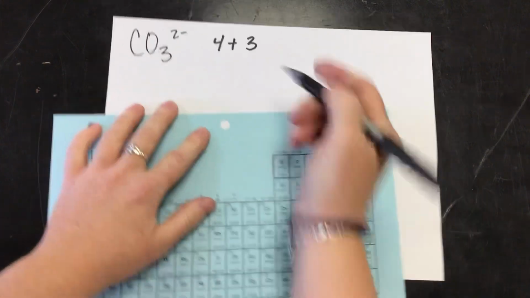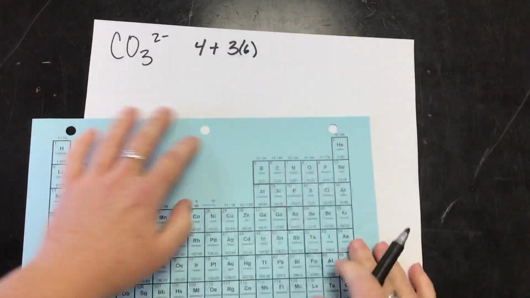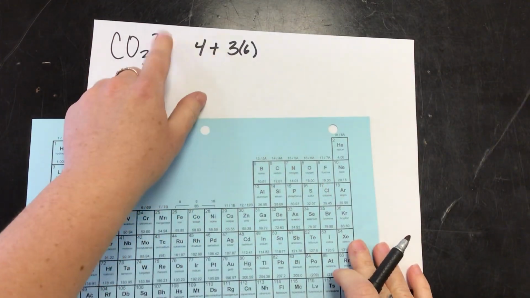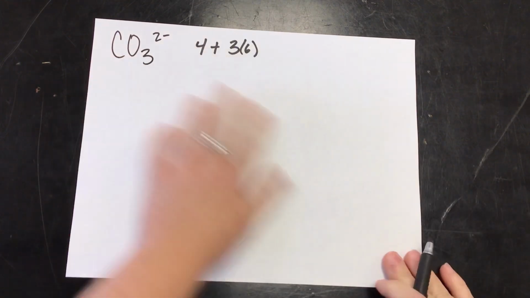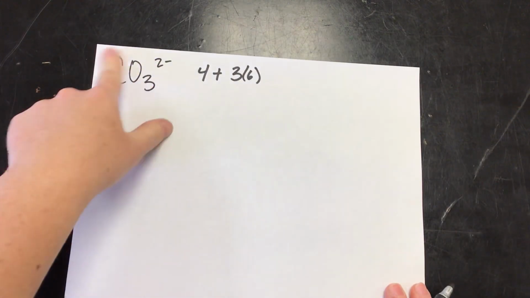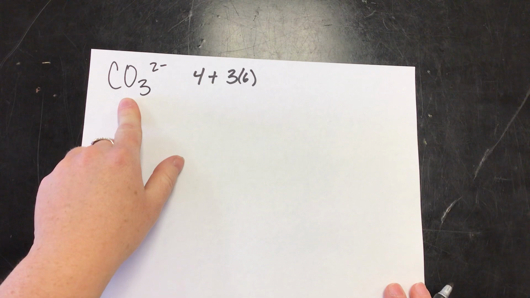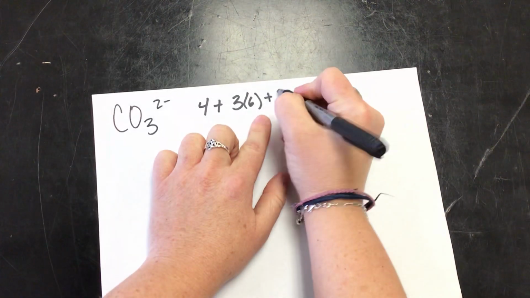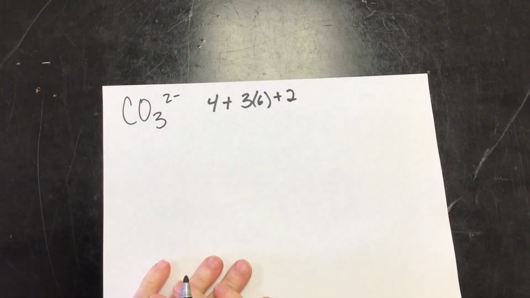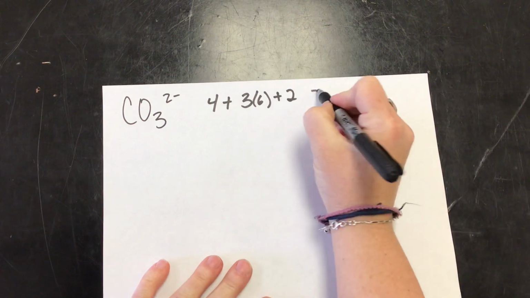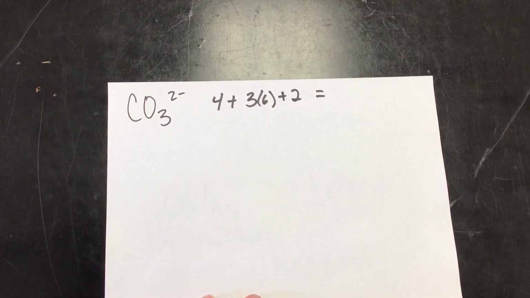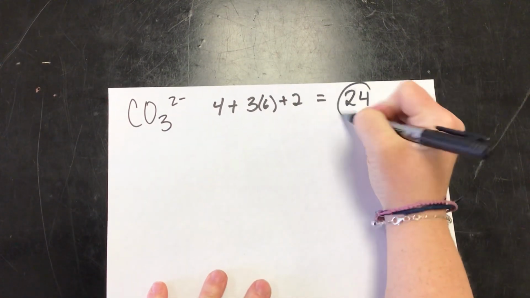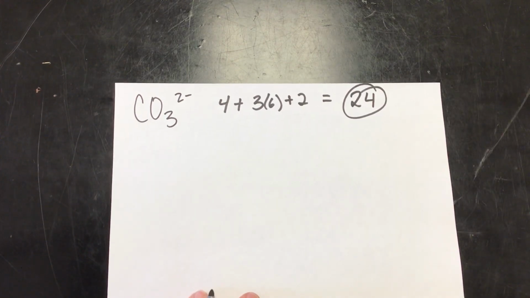Each oxygen has 6 valence electrons. And then lastly, this -2 charge. What that means is that there are 2 extra negatives in this structure. So we need to add those 2 electrons to our grab bag of electrons. So now this gives us a total of 24 valence electrons in our grab bag.